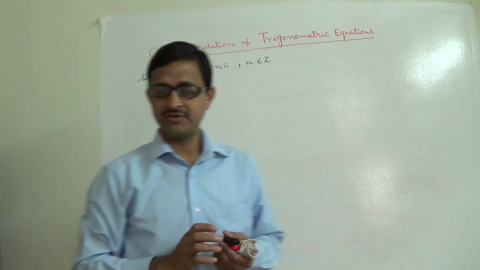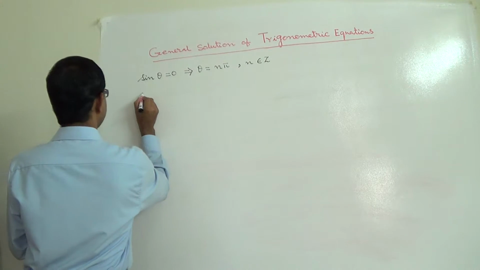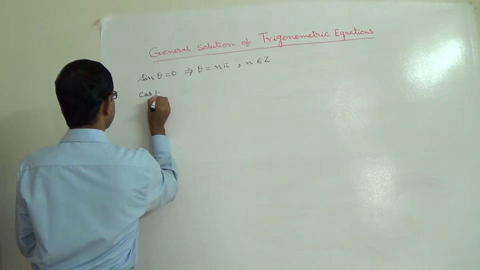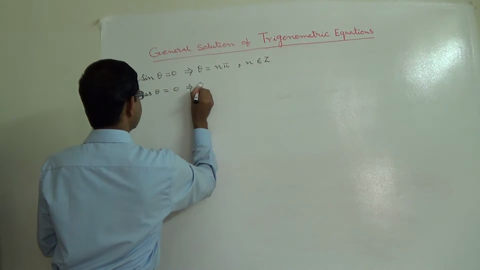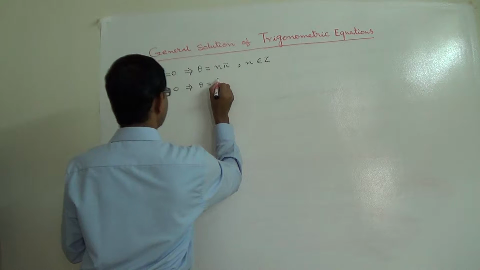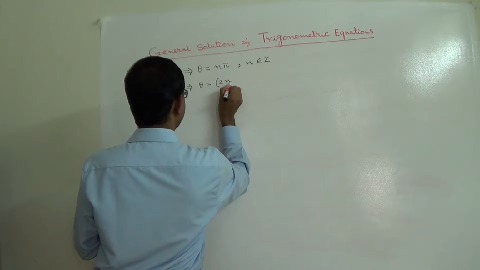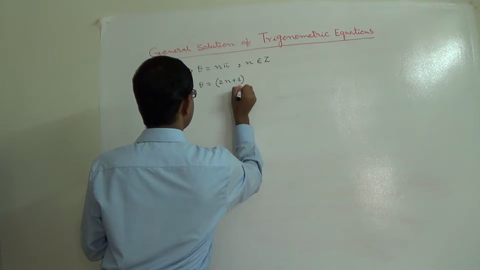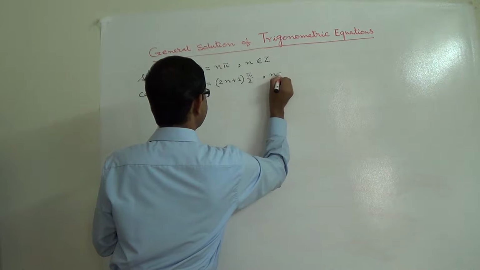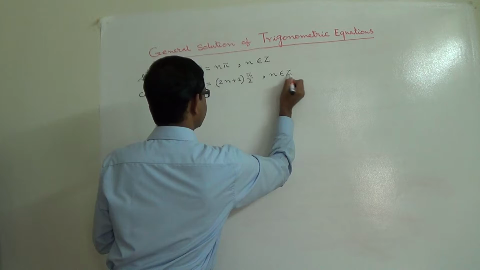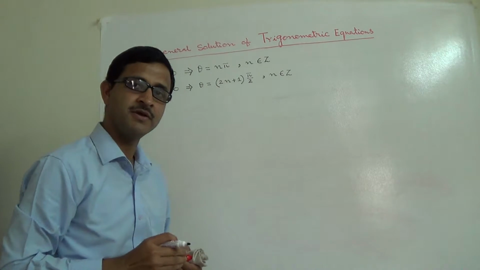The next one is cos theta is equal to 0, that implies theta equal to (2n plus 1) into pi by 2, where n belongs to Z, the set of integers.